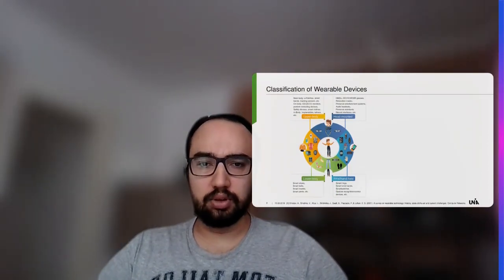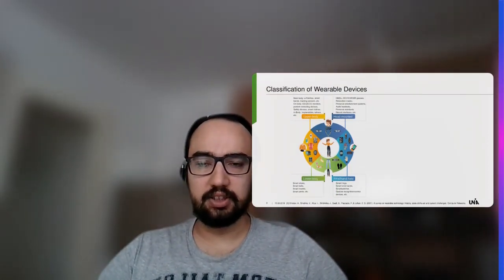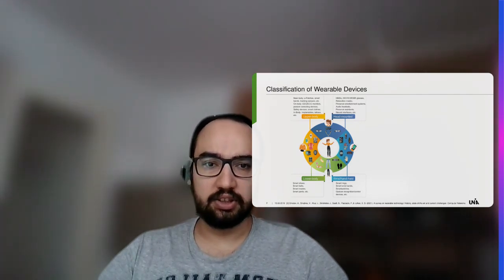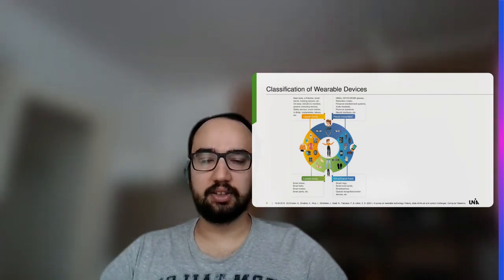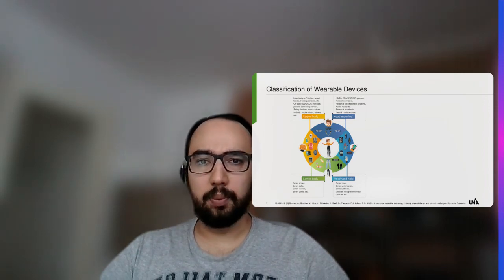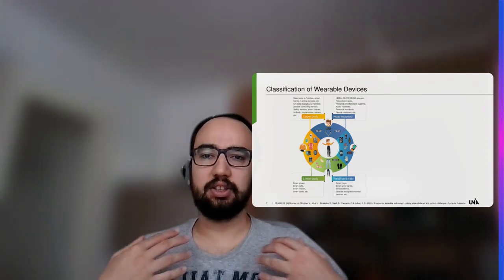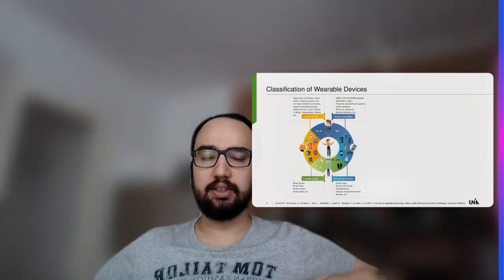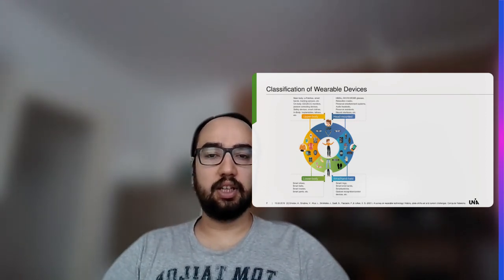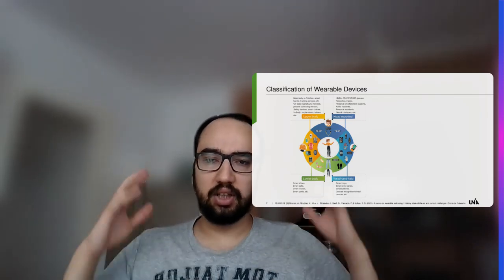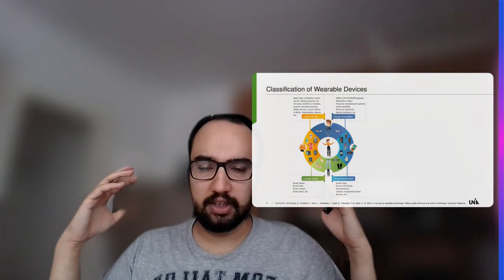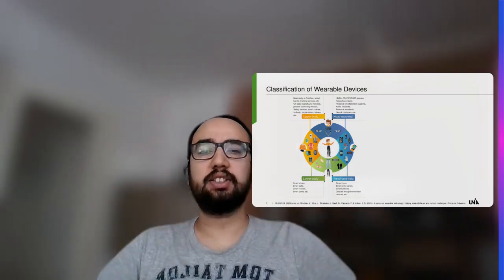So when we try to classify these wearable devices, there are upper body, head mounted, lower body, and wrist handheld devices. So upper body devices are in the chest region, like ECG electrodes or chest bands. They can be given as examples. Head mounted devices are like VR devices, audio headsets, or EEG devices.